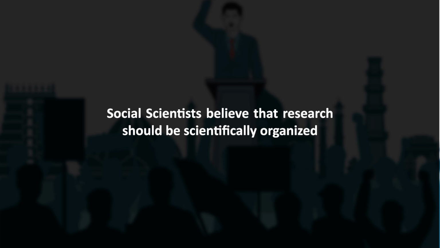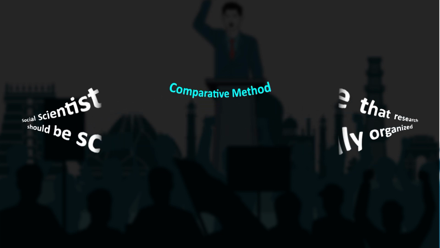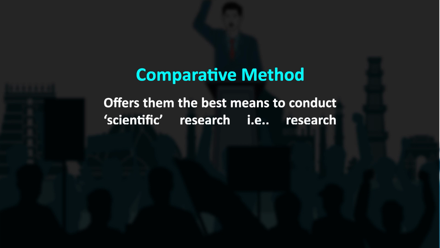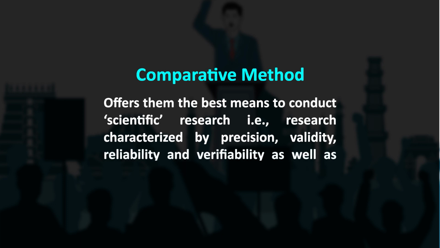Social scientists believe that research should be scientifically organized. The comparative method, they believe, offers them the best means to conduct scientific research, that is, a research characterized by precision, validity, reliability, and verifiability, as well as some amount of predictability.